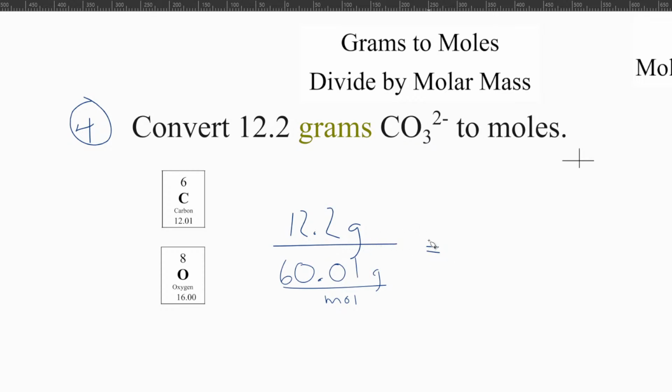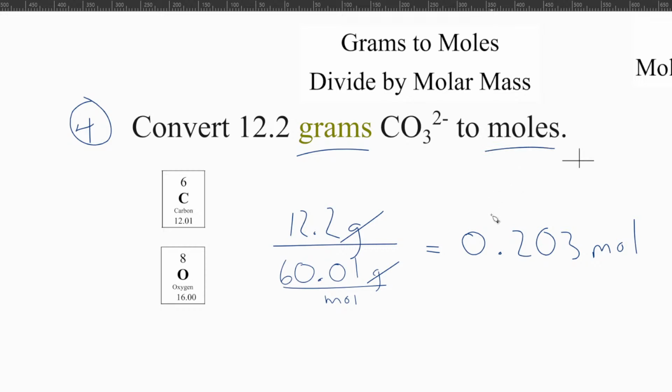What is the number? I think 0.203. Grams cancel out. And now we have 1 over moles. And just trust me, that gives you moles. So we're just dividing now by the molar mass, and that gets us from grams to moles.